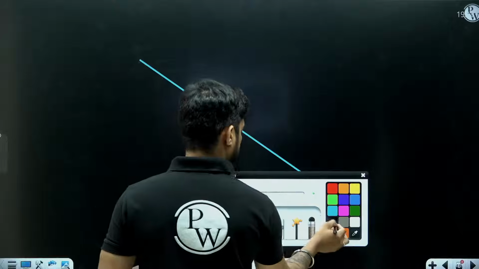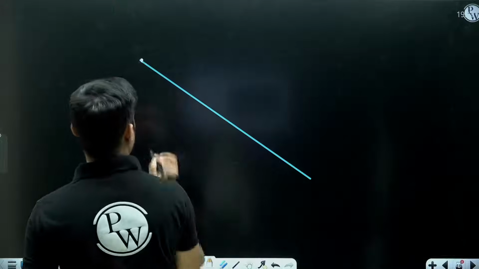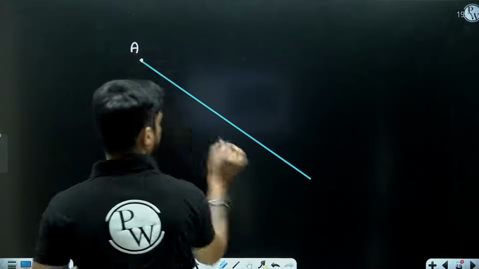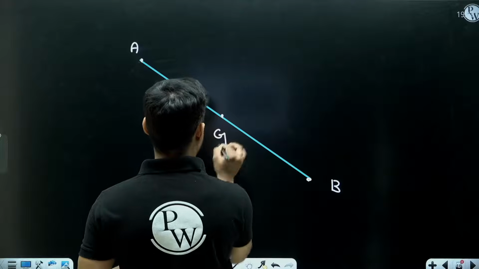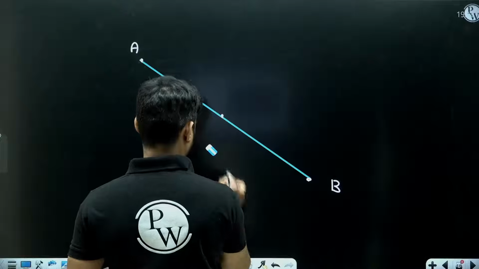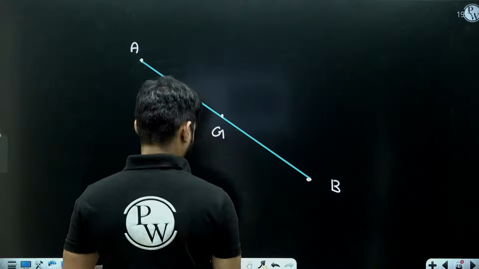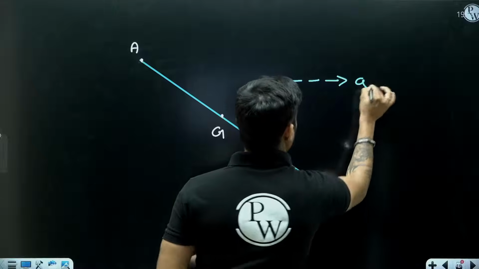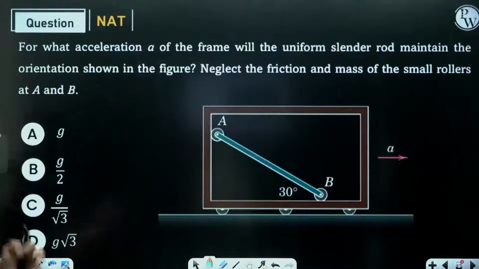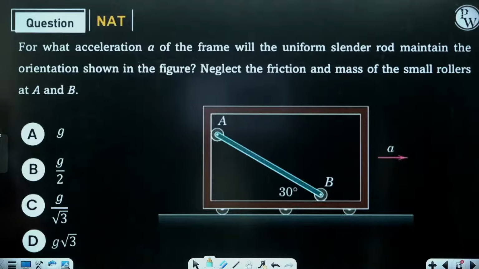Let's say this is point A, this is point B, this is the center of gravity G. So this rod is under acceleration A, just like the frame, because it is not slipping.